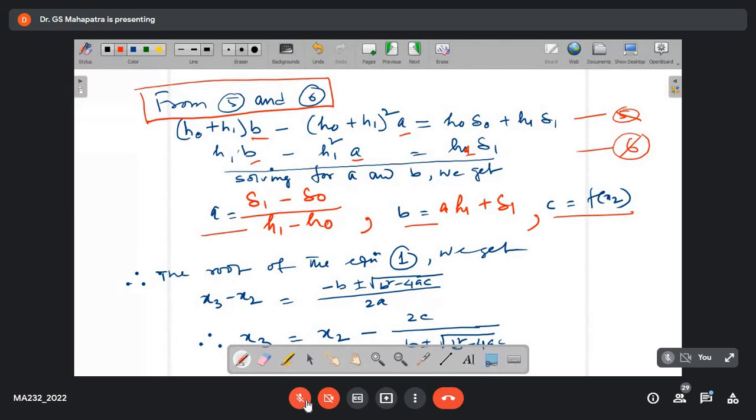So you note down this one; you have to use this one. So now you have A, B and C.